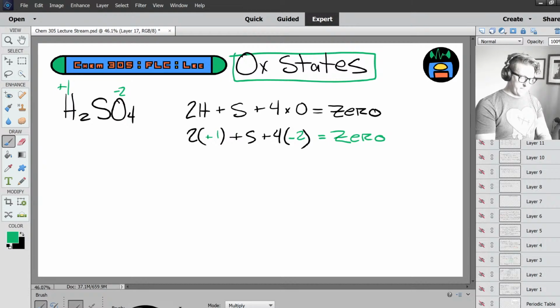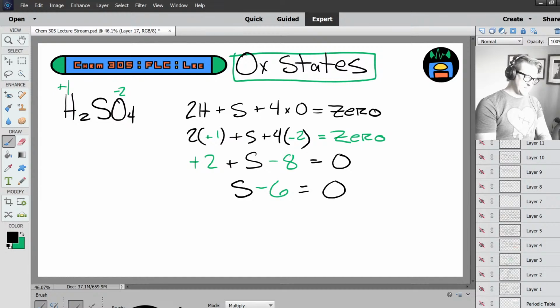So we have +2 plus sulfur -8 equals 0. So sulfur -6 is 0, which means that sulfur must have an oxidation state of +6.